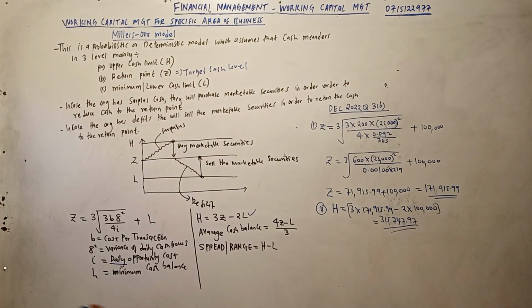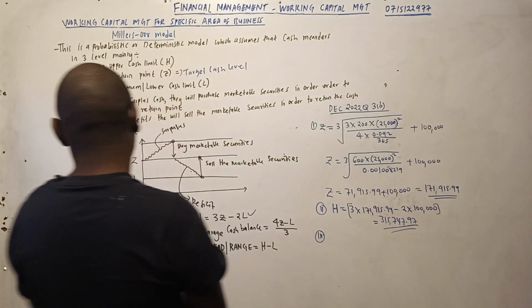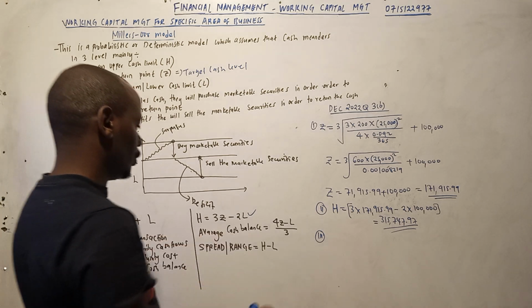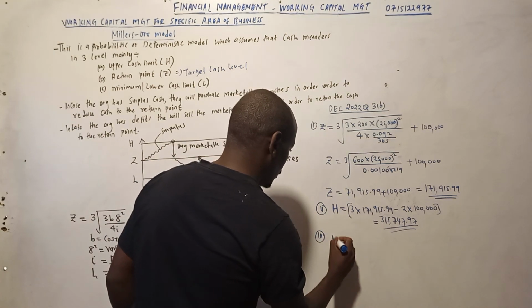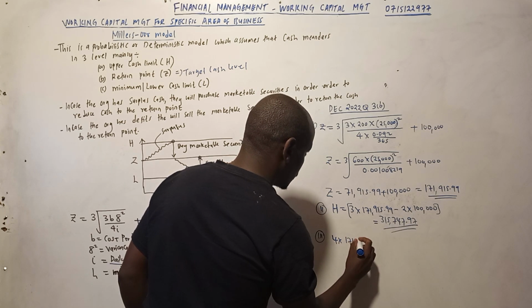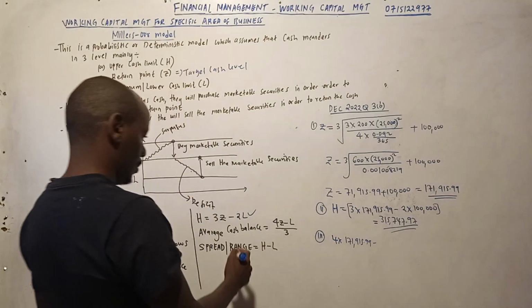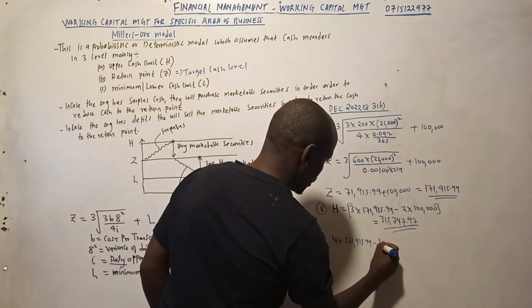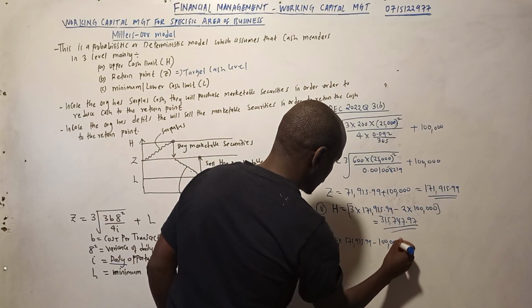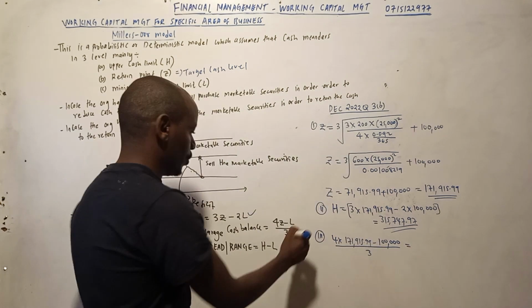Average cash balance number 3. Average cash balance ni 4 times Z minus L divided by 3. Here is the formula, ndio hiyo hapo.